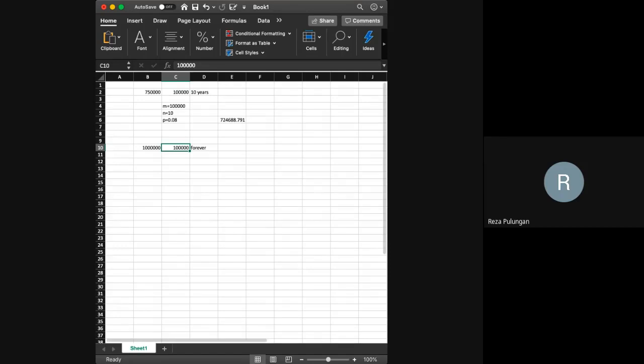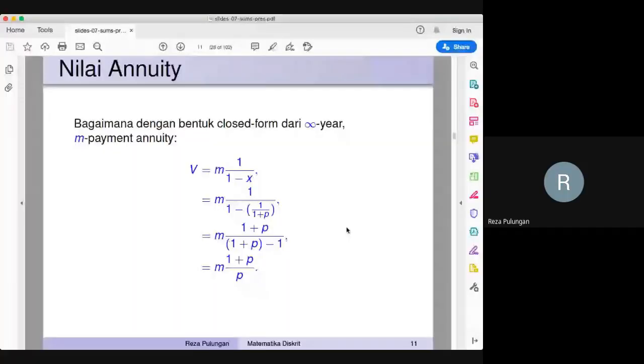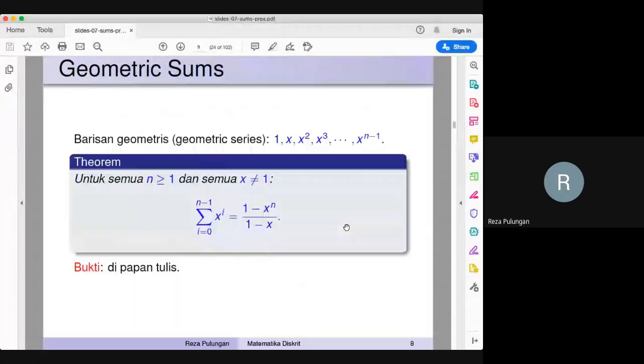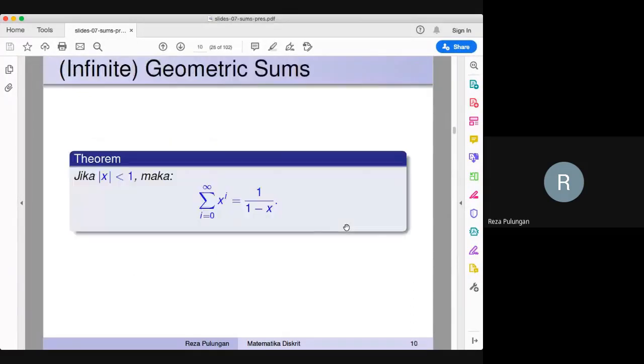This is an interesting question, and in annuity you should be able to compute this also. There is another theorem that has something to do with the geometric sum, which is called the infinite geometric sum.